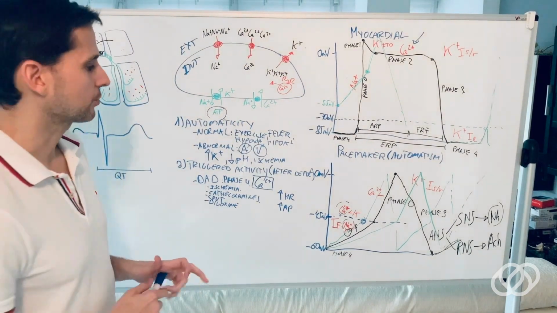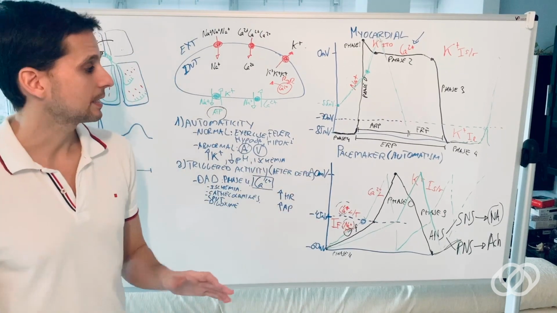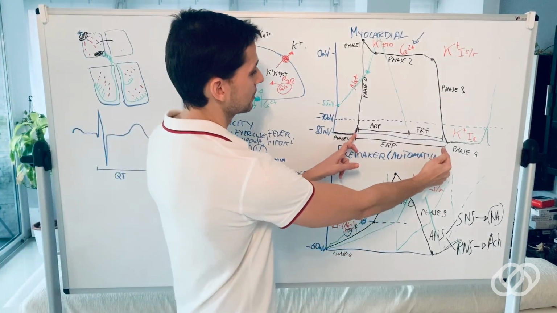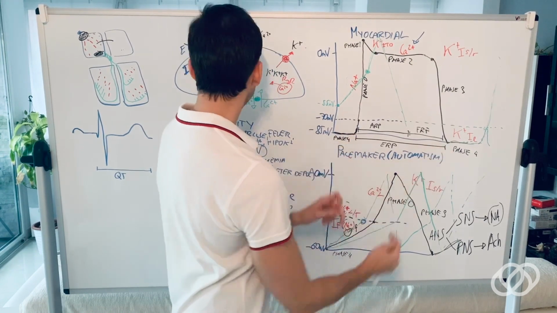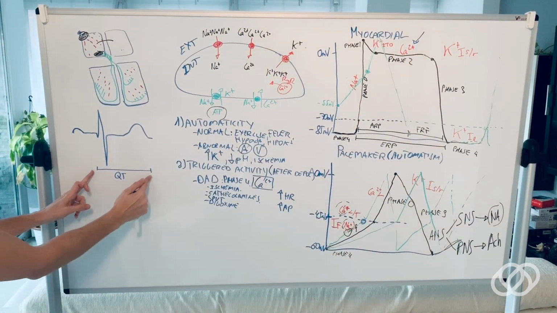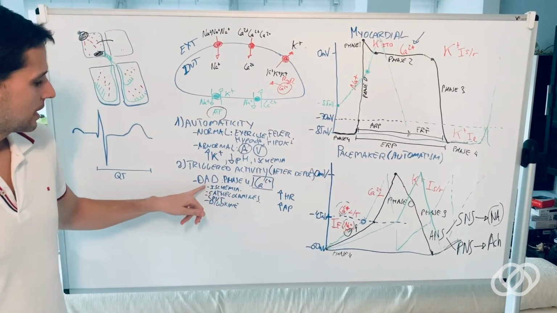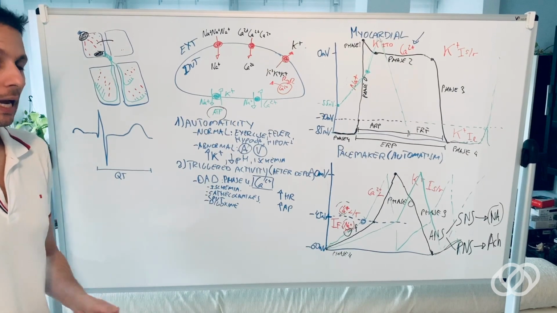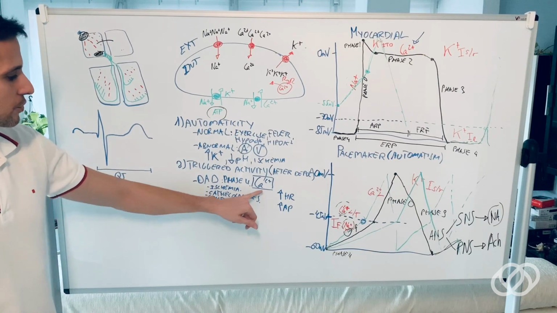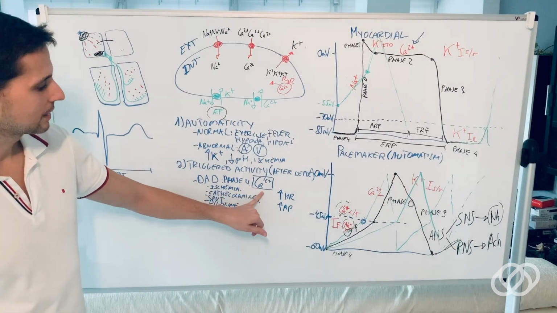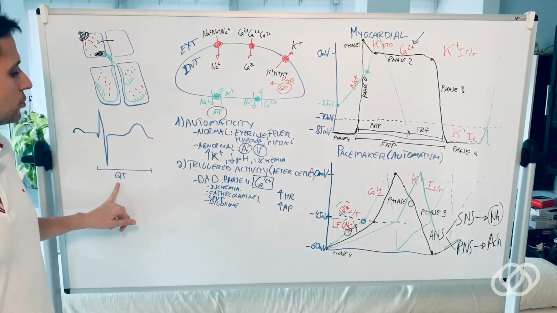So every situation that increases the heart rate or increases the action potential, and when I say increase the action potential I mean increasing this interval of the action potential, that is increasing the QT, makes these delayed after depolarizations more likely to happen. So every time that we have any of those phenomena, we will try to give drugs that do not increase heart rate and do not increase the QT interval.